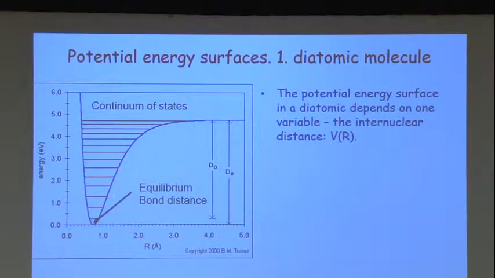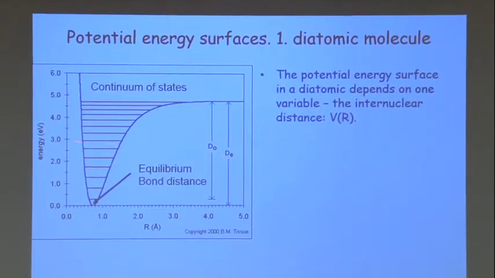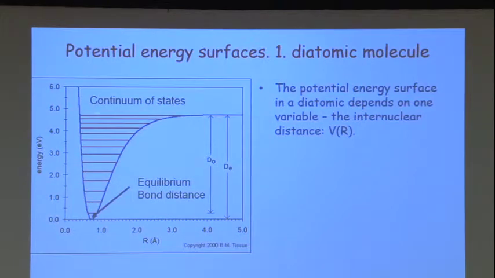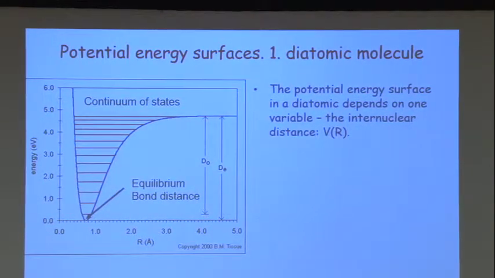And as it vibrates, the range of the vibration increases, and also the potential energy that's involved increases as well. And as we increase the amount of vibration we put in there, eventually the molecule can dissociate.